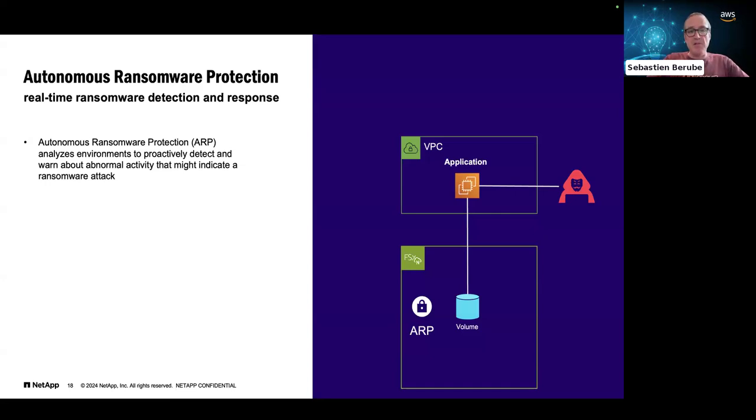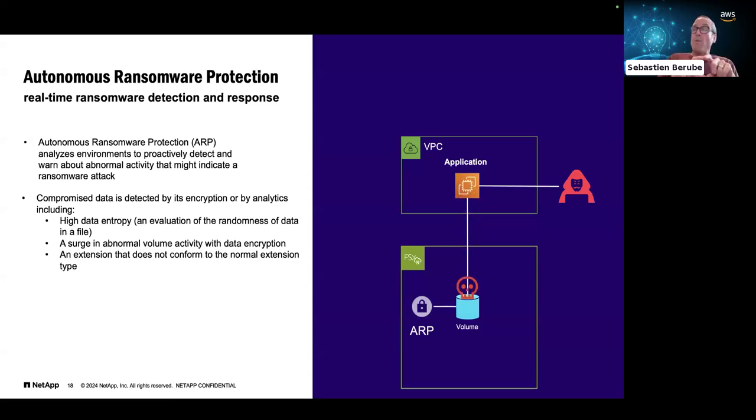And then if something changes in how that data gets accessed, meaning an attacker got access to your application and all of a sudden they're doing something different, maybe they start encrypting data, or reading data that the application doesn't usually read, or reading data much faster than usual, then all of a sudden ARP will trigger.